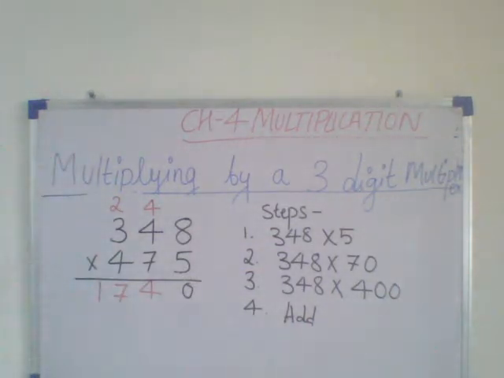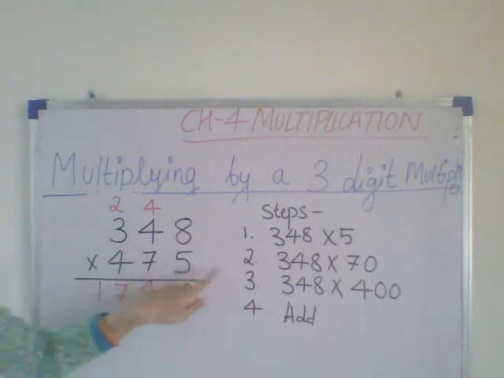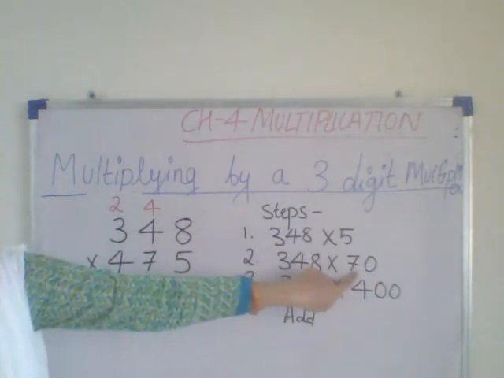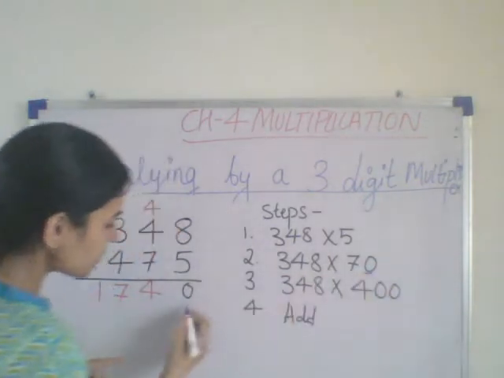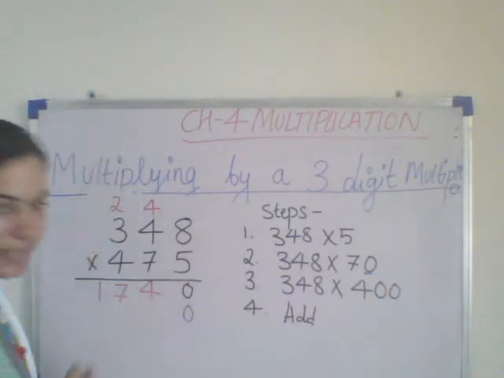Now in the next line we will be multiplying 348 with 17. So first of all, here 10 is there, so we will be putting 10 here as it is.